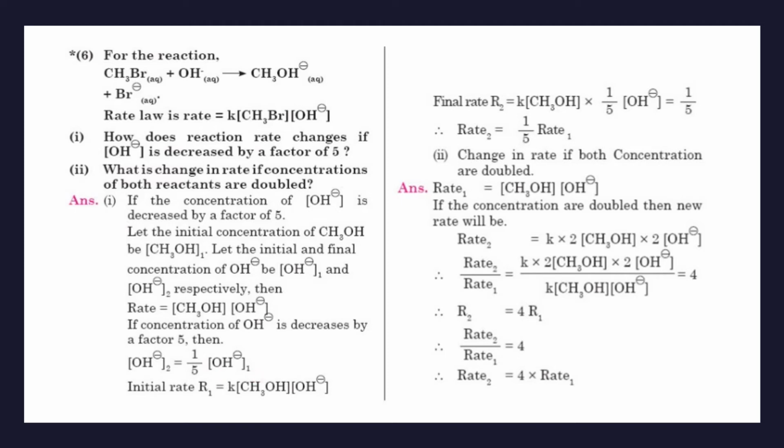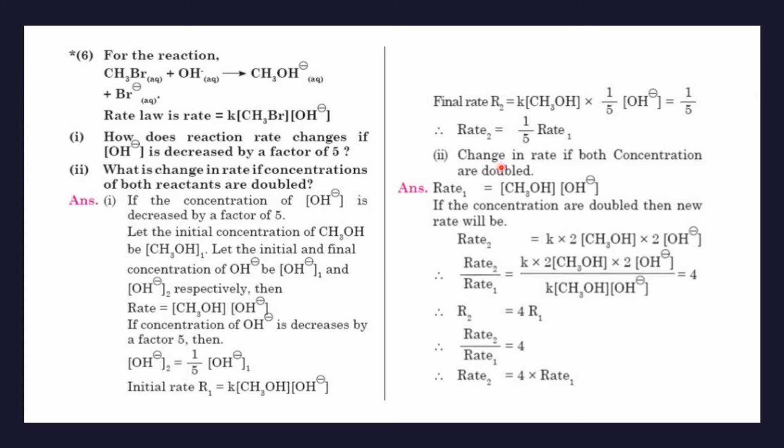Initial rate R1 is equal to k [CH3Br][OH-]. Final rate R2 is equal to k [CH3Br] into 1/5 [OH-], which is equal to 1/5 of R1. Therefore, rate 2 is equal to 1/5 rate 1.